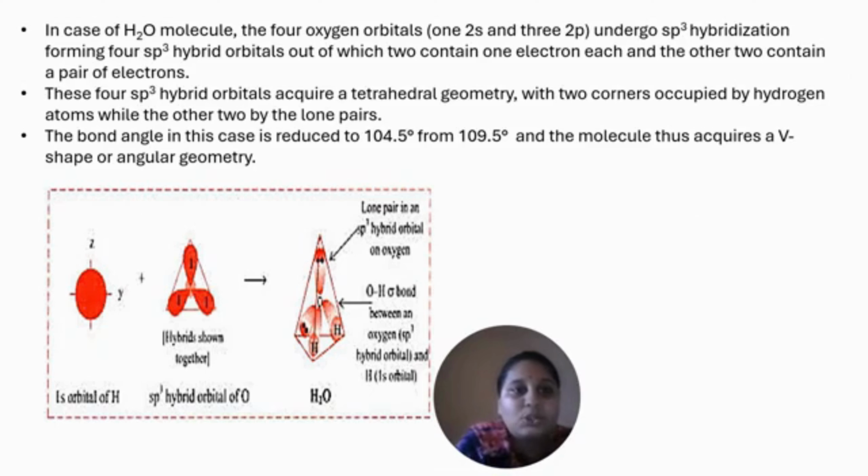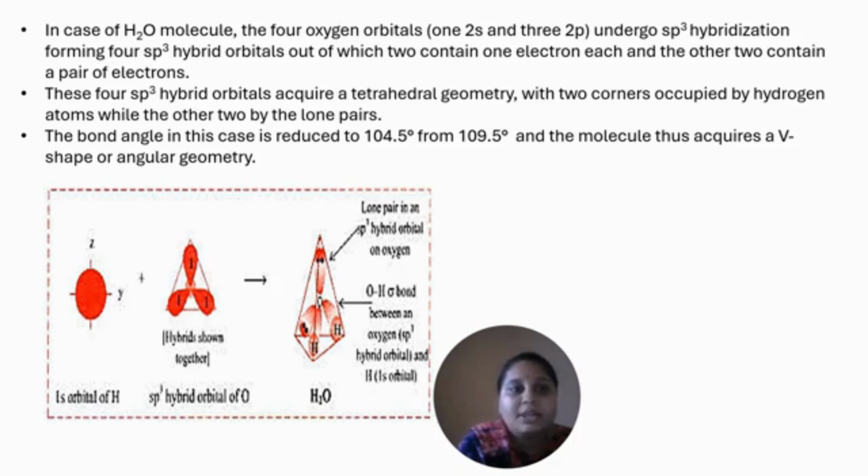In the case of the H2O molecule, the oxygen atom's orbitals undergo sp3 hybridization, forming four sp3 hybrid orbitals, out of which two contain one electron each and the other two contain a pair of electrons.